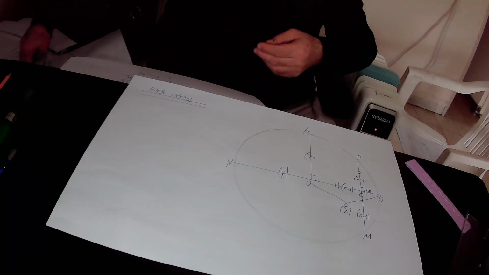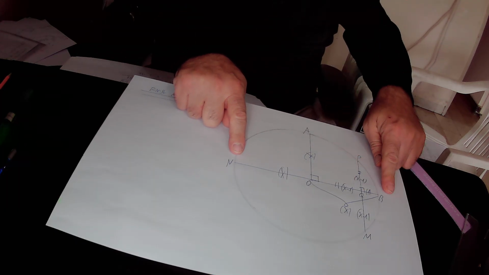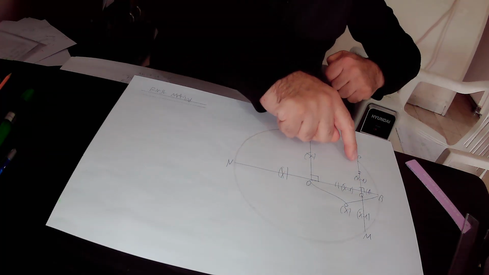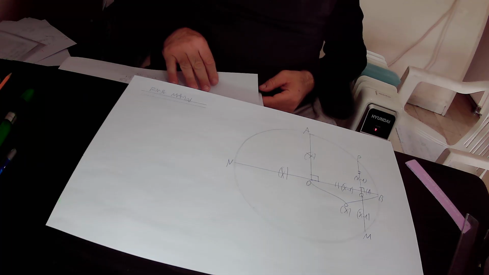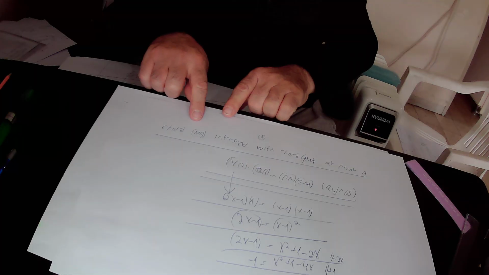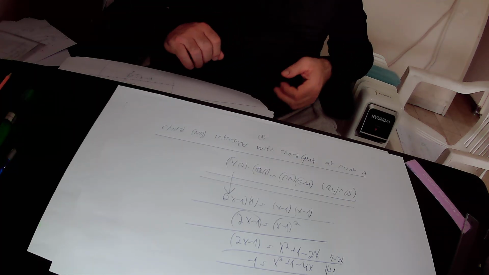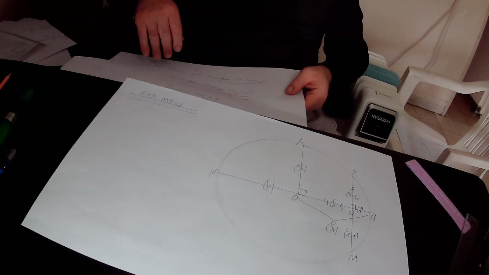Because in our drawing, we have chord NB. It intersects with chord PM at point Q. So all the requirements of Rule 65 are satisfied, and therefore we can implement Rule 65 here.